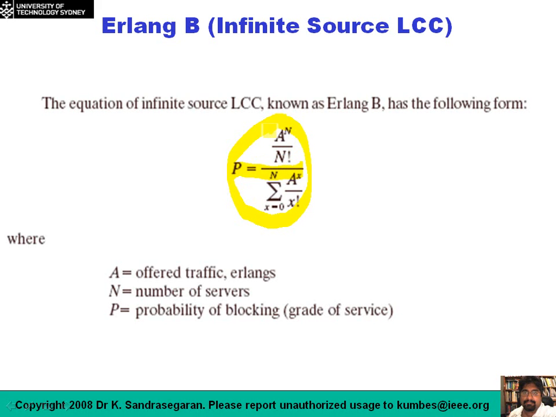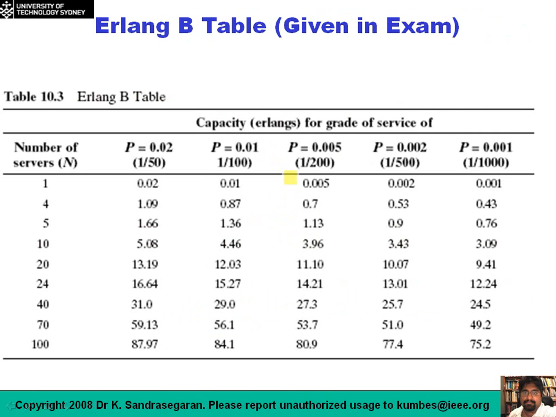Now, this is the actual mathematical formula, but most of the time this formula is tabulated. The table that I gave you on the back of that sheet gives the number of servers, or number of channels, vertically, and the blocking probability horizontally. If you know the blocking probability and the number of servers, you can work out the number of Erlangs that can be carried by the network.